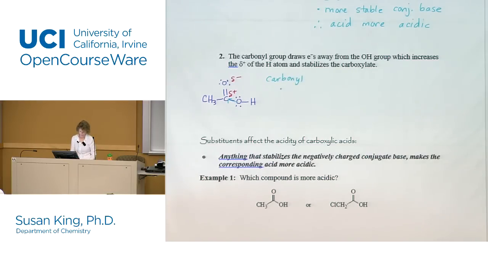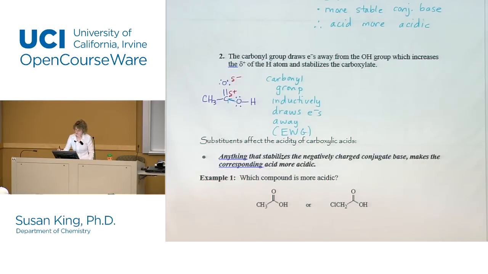So the carbonyl group inductively draws electrons away. So it is an electron withdrawing group, which I abbreviate EWG.